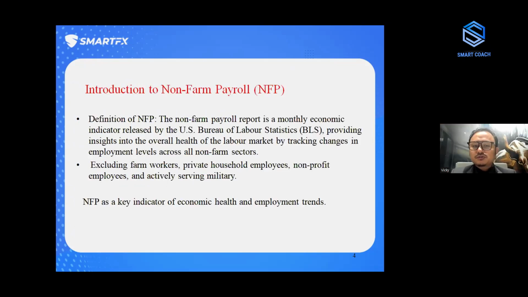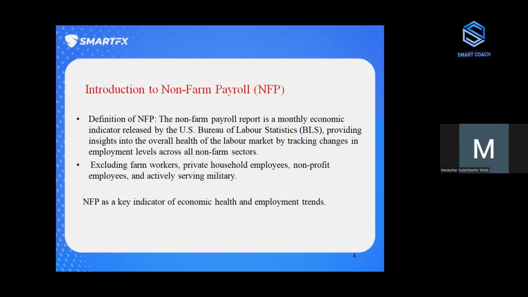Okay, so the introduction to the non-farm payroll, NFP. The definition of NFP: the non-farm payroll report is a monthly economic indicator released by the US Bureau of Labor Statistics, providing insights into the overall health of the labor market by tracking changes in employment levels across all non-farm sectors, excluding farm workers, private household employees, non-profit employees, and actively serving military.